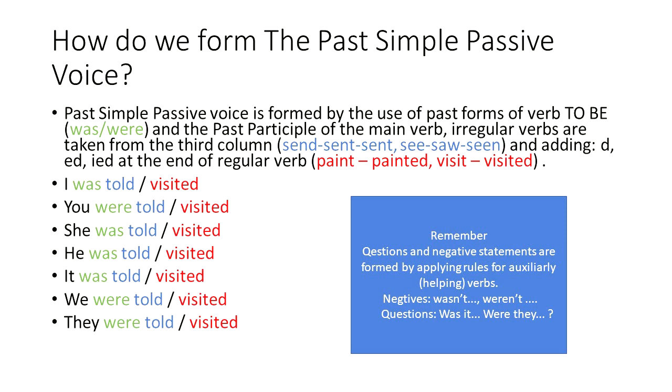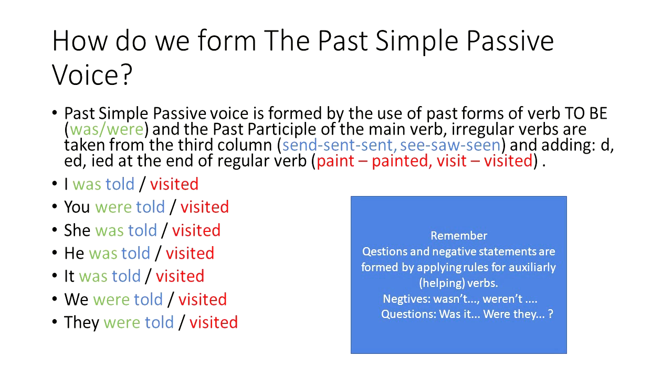And please don't forget, as you can already see, that the past simple passive voice is formed with the use of helping verb to be in the past tense, was or were, and the past participle of the main verb.